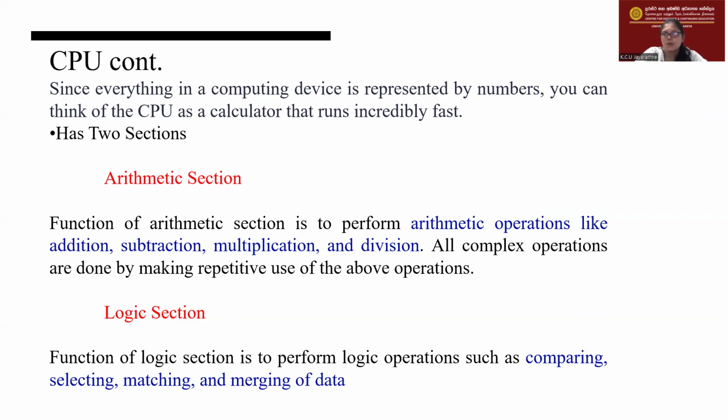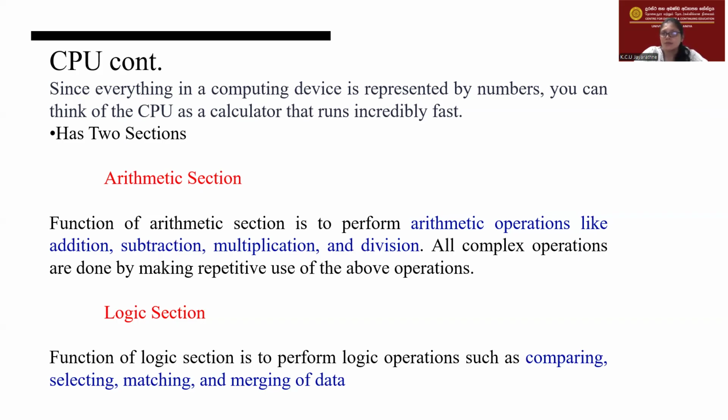As an example, if we want to get the GPA of a student in our batch, calculating the GPA is an arithmetic process, so it is done by the arithmetic section.